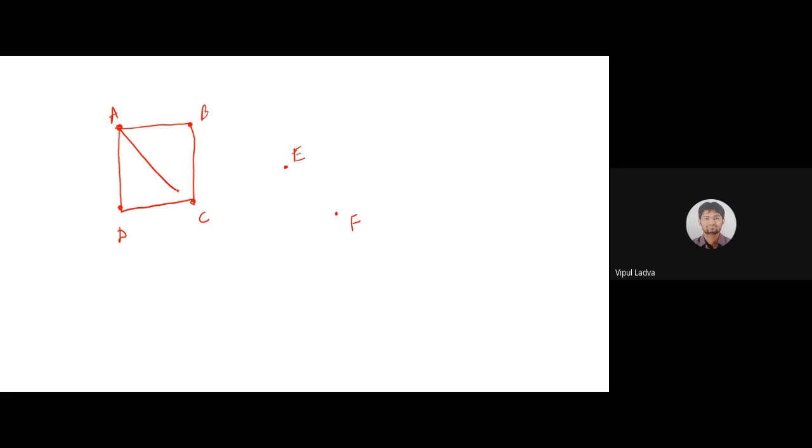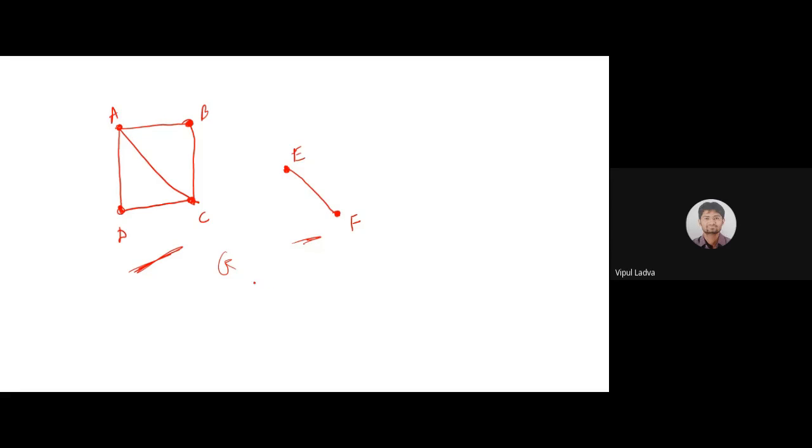Let me add one more edge over there. Suppose this is graph G. Now clearly you can observe that this is a disconnected graph, is it? We are not having a connection between both components. This is the first component, this is the second component of the graph. So this graph has two different components.